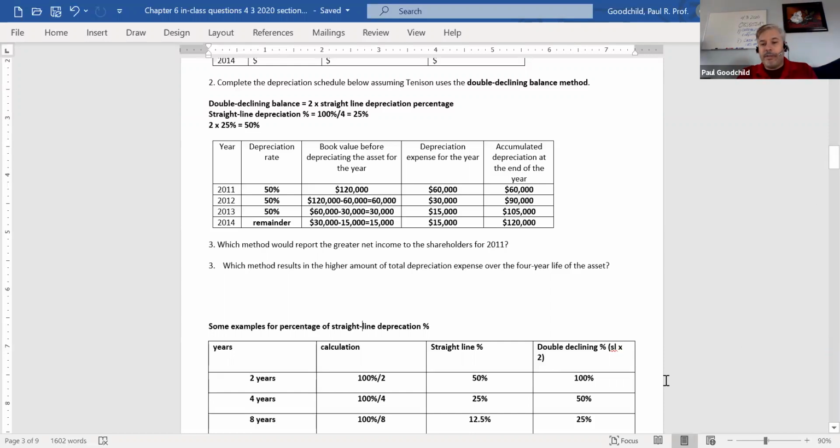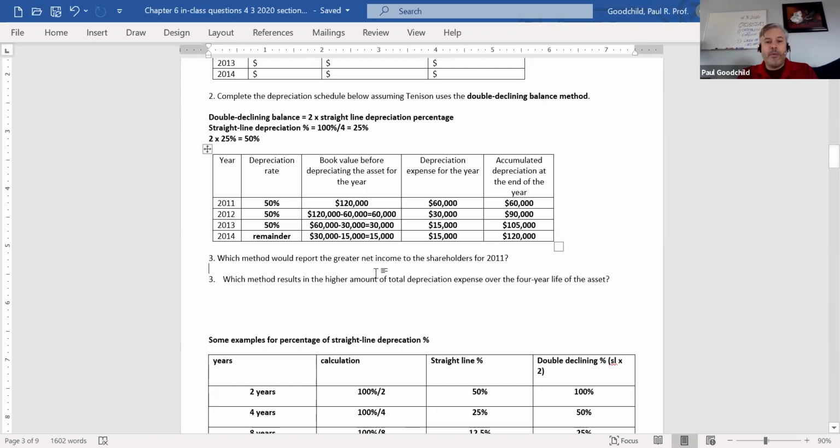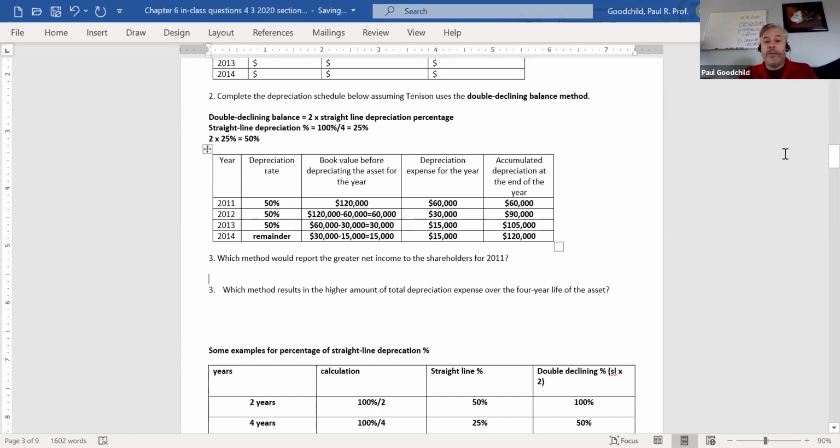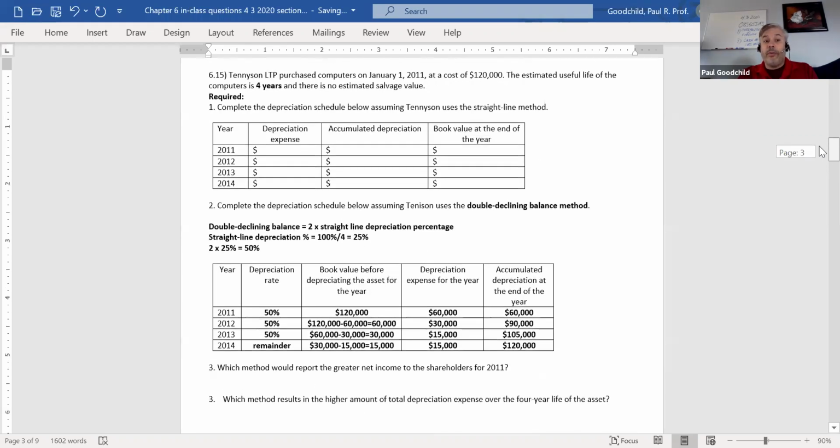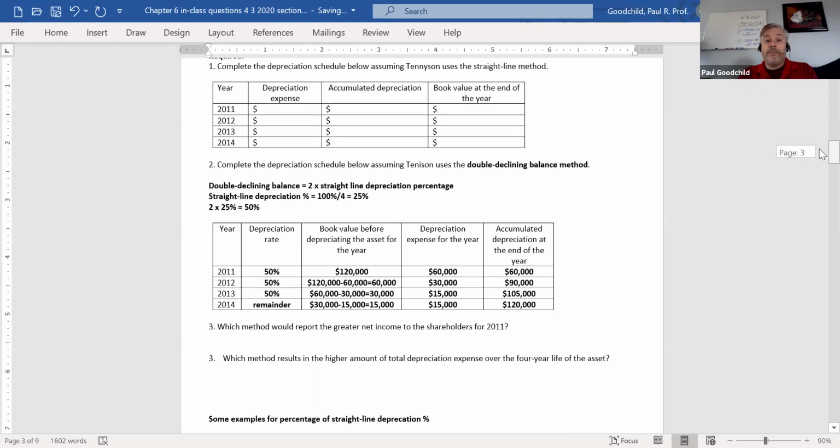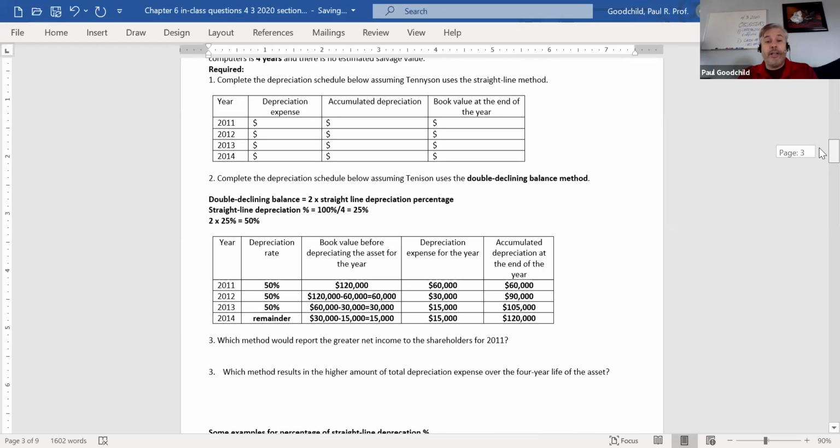Has somebody else a question in the chat? How would I decide on number 3? So, okay, let's go back real quick before class is over. It says, which method would report greater net income to the shareholders for 2011? So the short answer here is, if it's going to be a greater net income, I want a smaller depreciation expense.